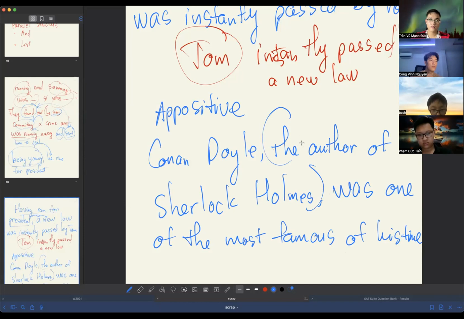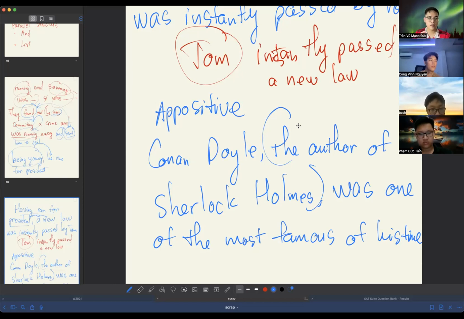So there's something tricky about appositives because they are in the middle of a sentence. That's something related to the comma. When an appositive is an essential part of a sentence, it can't be used with commas. What is an essential part?